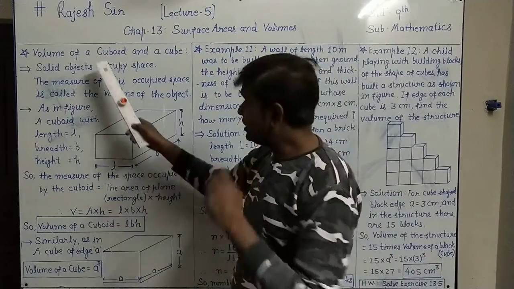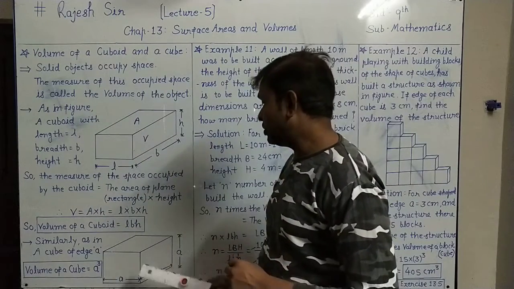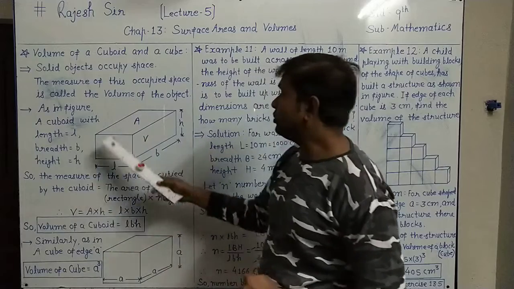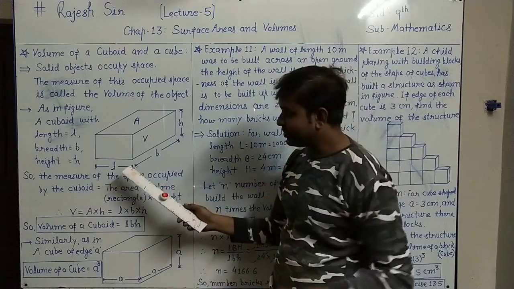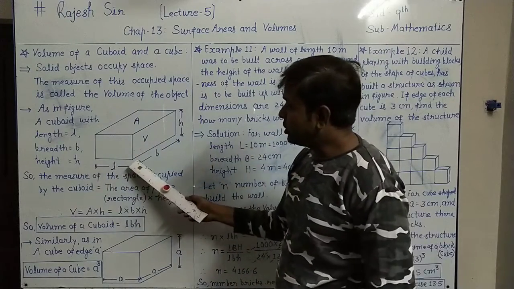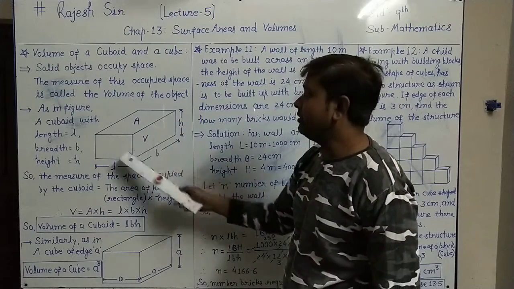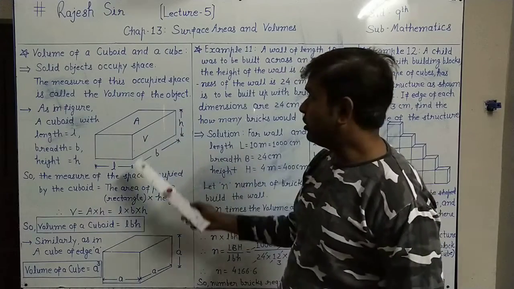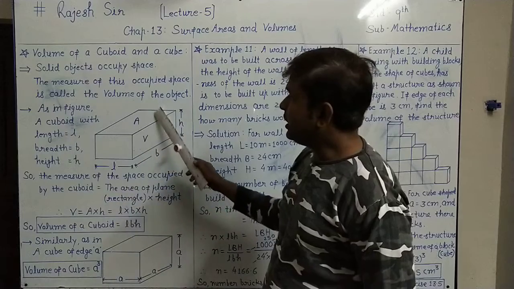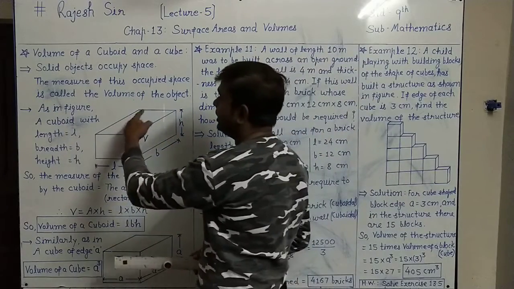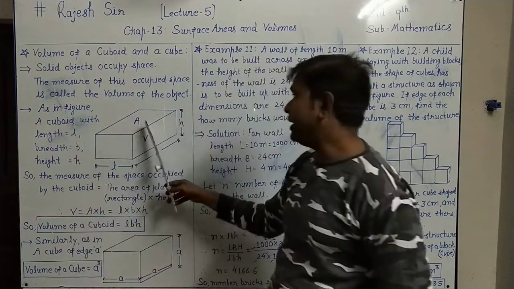So first we will see about a cuboid and then about a cube. The figure of a cuboid is shown here. The structure having length, breadth and height is called a cuboid.